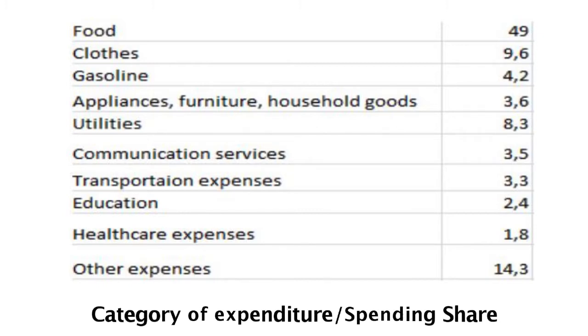Consumer expenditures of the average person in Kazakhstan for 2018 are given in the table. You can see that on average, consumers spend more than 57% of their budget on necessities like utilities and food, and the other 43% on non-necessity goods.